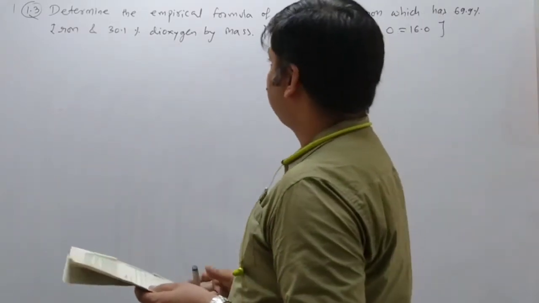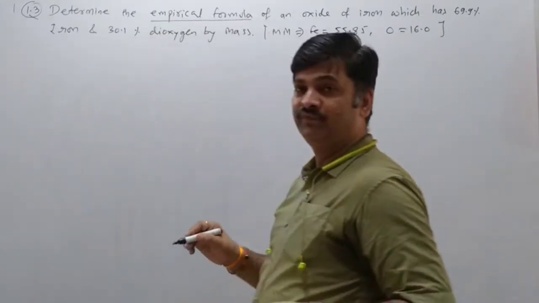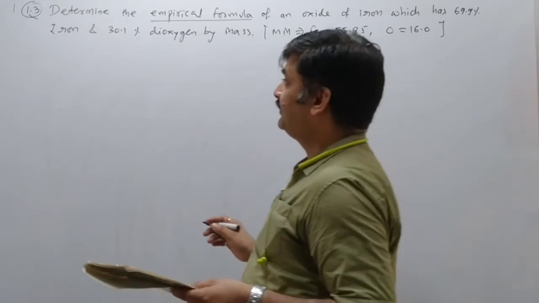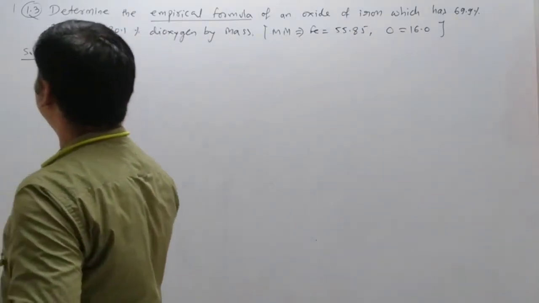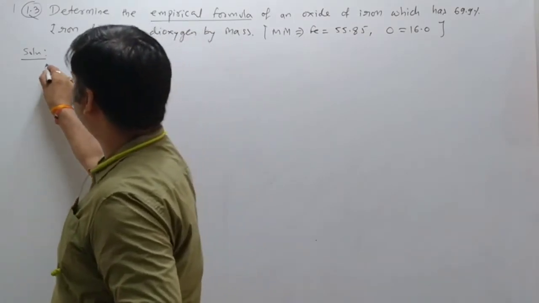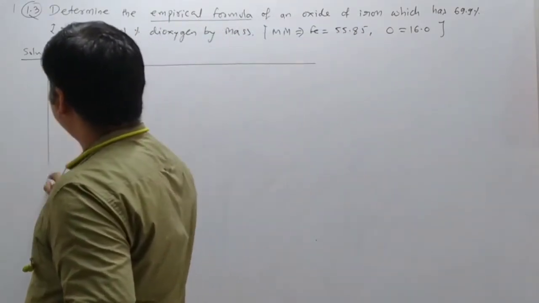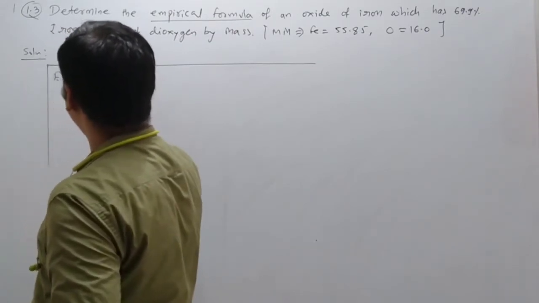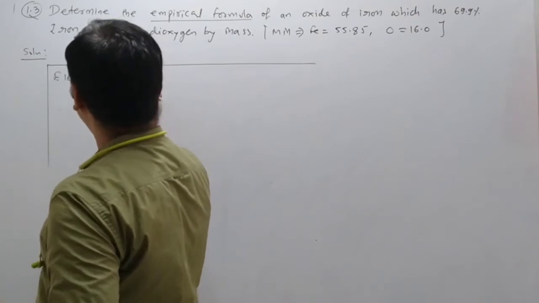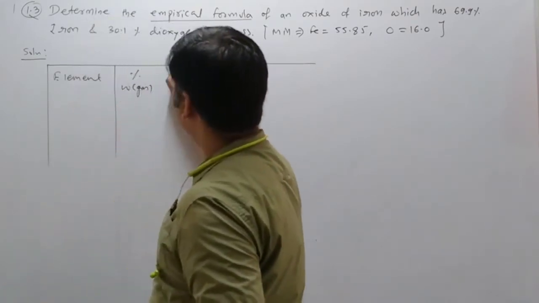So this is the third type of question. Here we have to find out the empirical formula. Especially in this type of question, first of all, prepare this type of table. Here we are writing element, and then percentage, meaning weight in gram.